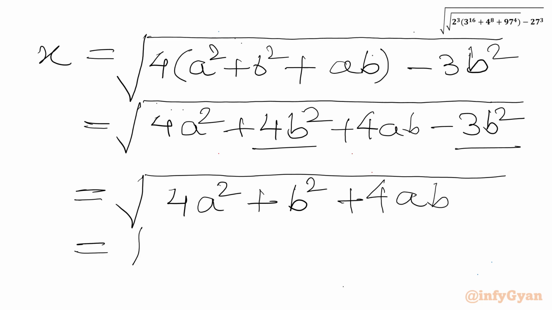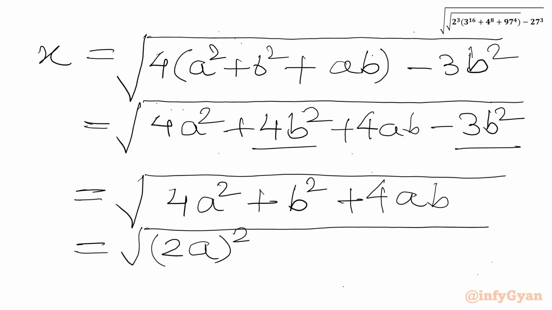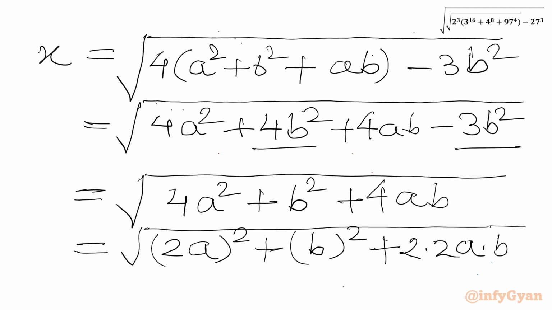This we can write square root of 4a square is 2a whole square. Then we have b whole square. Then we have 2 times 2a times b. This is 4ab. So a square plus b square plus 2ab, or a square plus 2ab plus b square.